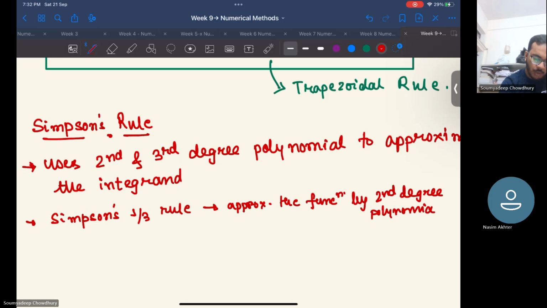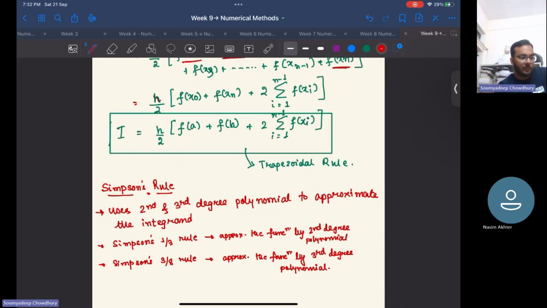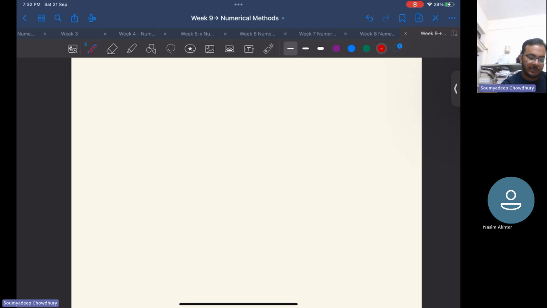And in the other rule, Simpson's 3/8 rule, we approximate the function by a third degree polynomial. First we'll talk about Simpson's 1/3 rule.